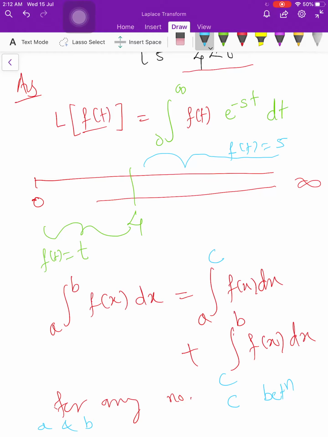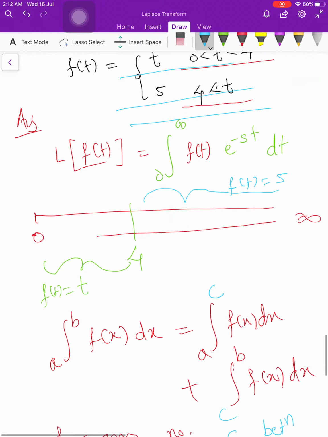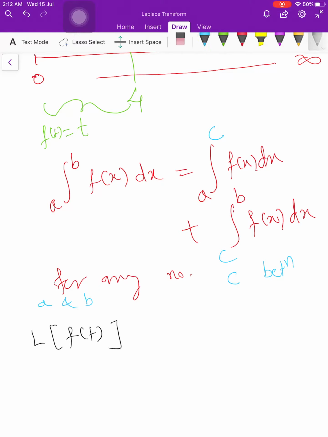It may happen that you have a breakage of the function into three functions, like the first one is here, second one is here, another third one is here. But here it will be just two breakages. So the Laplace of the original function f of t will be equal to two integrals: starting with 0 and the halt is at 4, so 4, and then e raised to minus st dt as it is, and your function is t between 0 to 4.